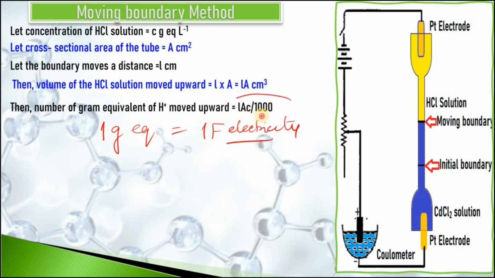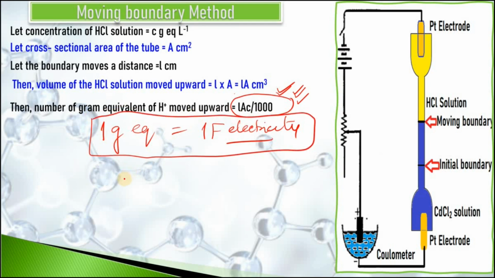Since these many gram equivalents of hydrogen ions have moved upward, the question is, what will be the amount of electricity carried by them? For that, we use this conversion factor. 1 gram equivalent is equivalent to 1 Faraday of electricity.